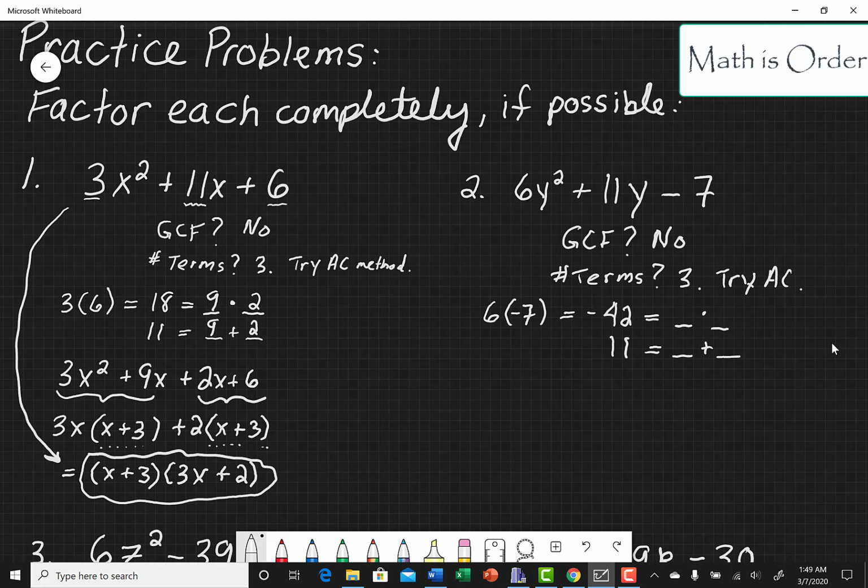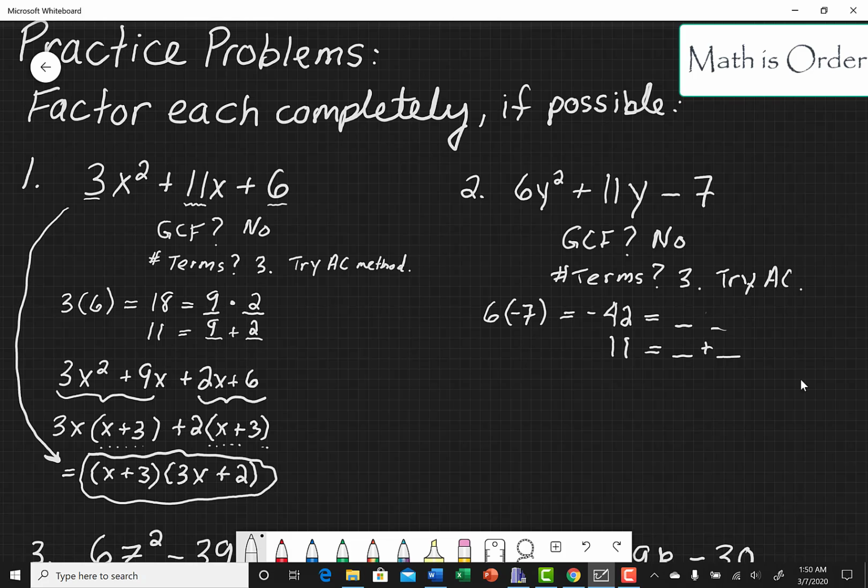And we can see that 7 times -6 will multiply to give -42. But it will not add up to 11. Those two numbers give a positive 1 when added. So this will not work. And 42 and 1 will not work.